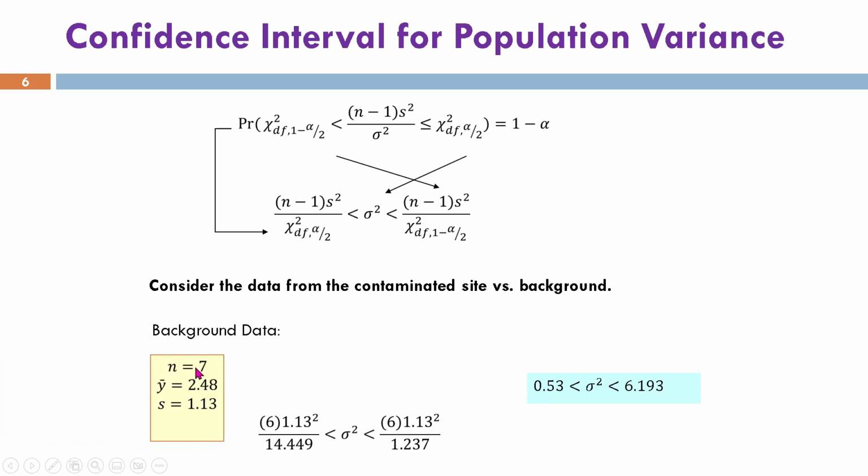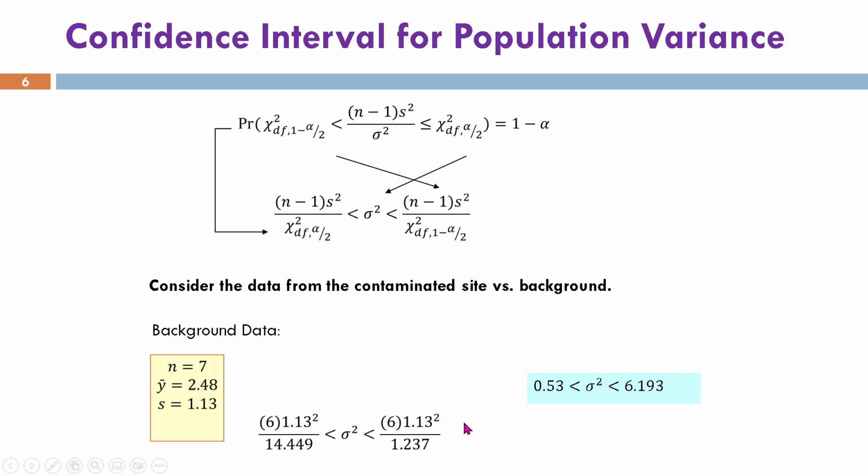For example, we got n is 7, so plug in n equals 7. The mean bar y is 2.48, standard deviation is 1.13. Then we put it into this formula: n minus 1 will be 6, times s squared, so 1.13 squared, divided by this value.